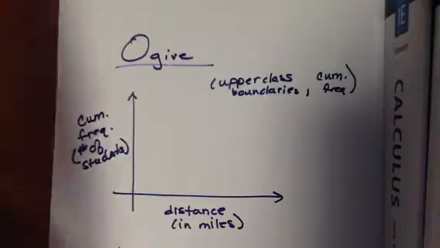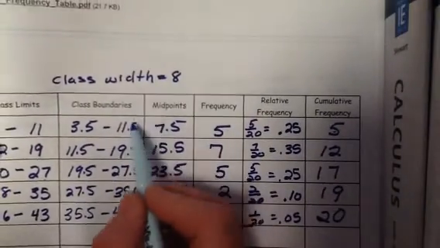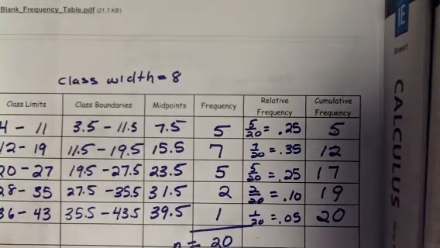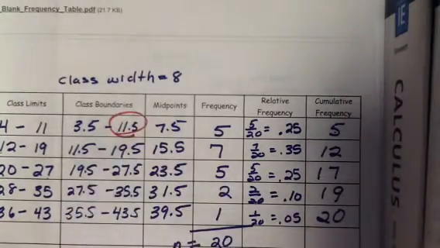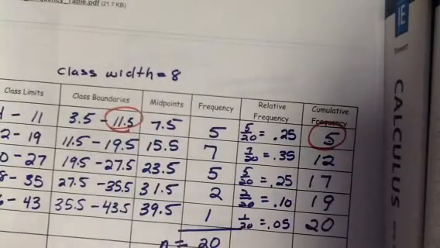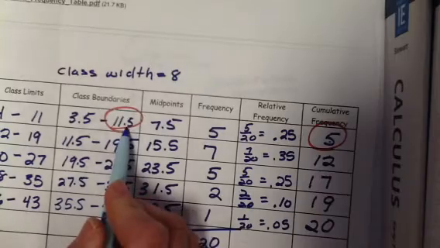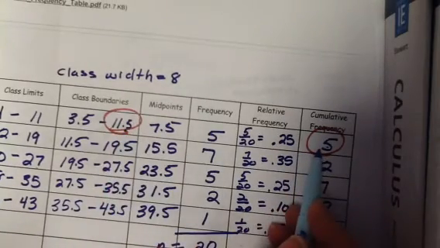So for example, if we look at the frequency table that we did for our first class, the upper class boundary is 11.5 and the cumulative frequency is 5. So I go on my horizontal axis to 11.5 and go up 5 and plot a point.